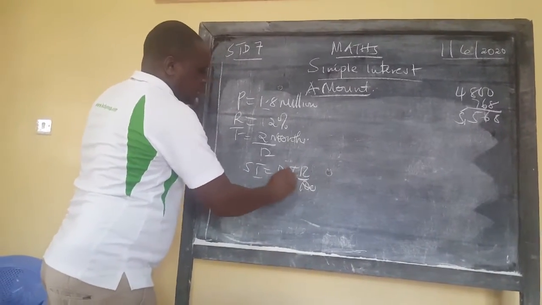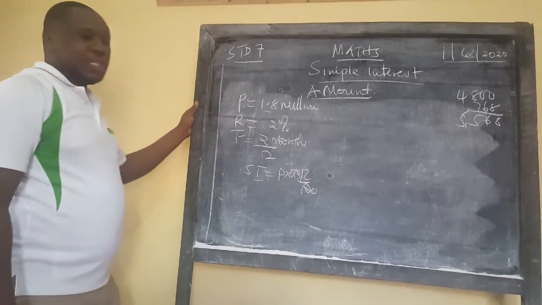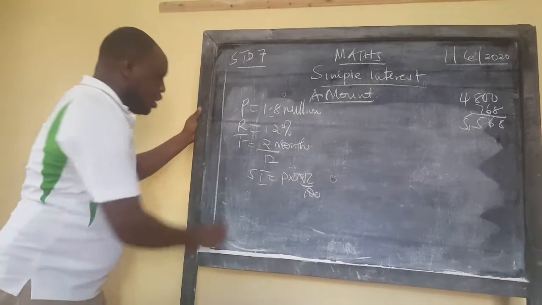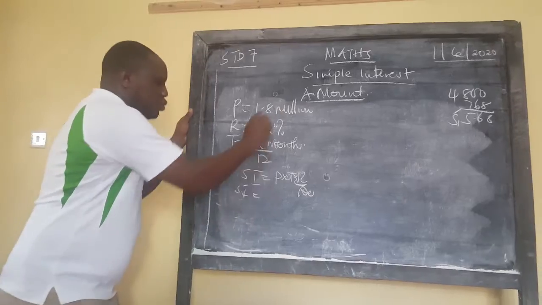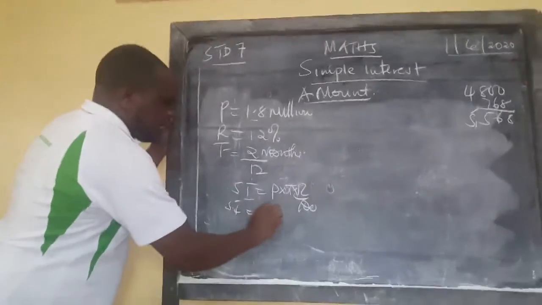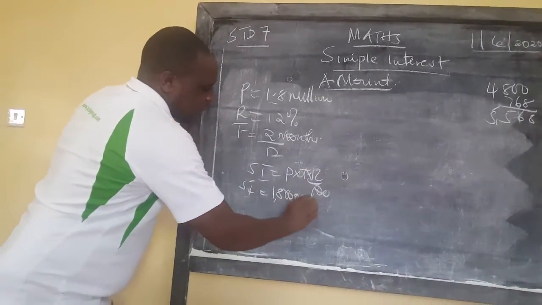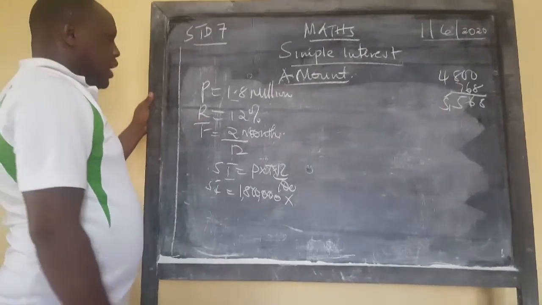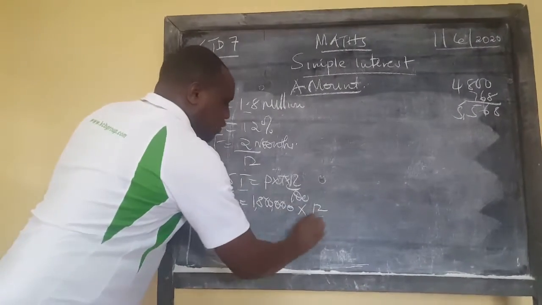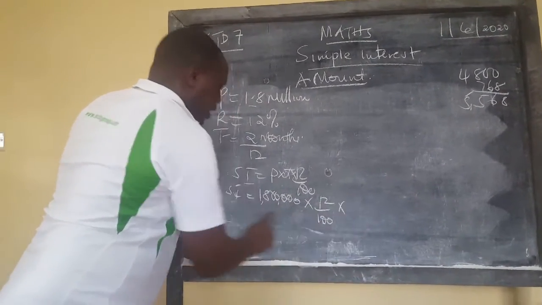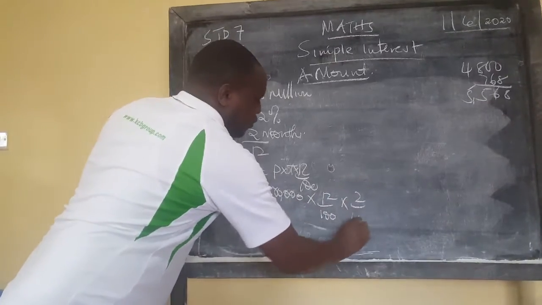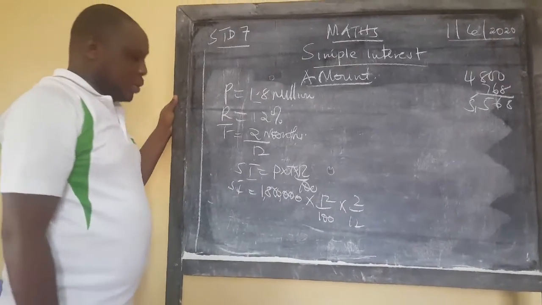Sometimes they say PTR. I like putting principal times time times rate over 100. So our simple interest will be equal to 1,800,000 times the rate, 12 over 100, and then the time is 2 over 12. We have to change that into a year.